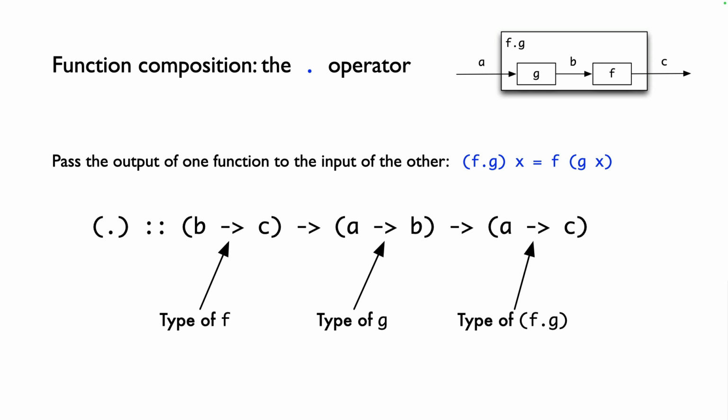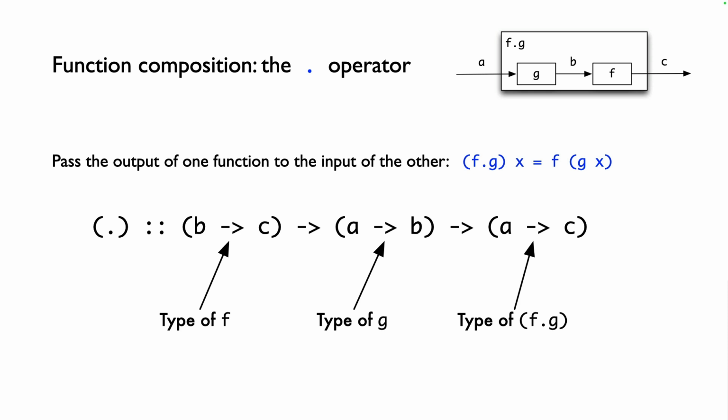That's because we pipe the output of g, which is of type B, into the input of f, which is also of type B. So this is a polymorphic operator. We don't know anything about the types, they're arbitrary function types, but what we do know is that the output of the first function, namely g, must be the same as the input of the second function to be applied, namely f.